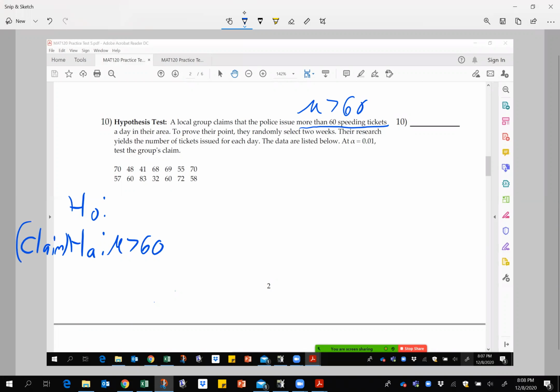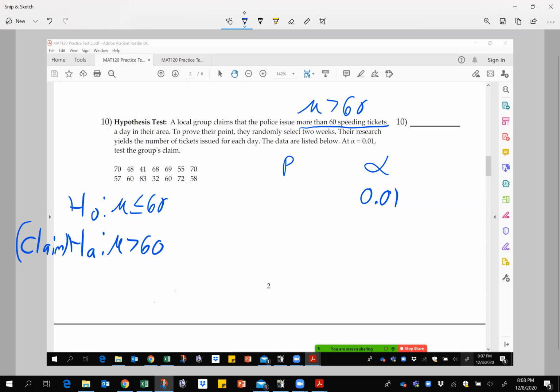The opposite of greater than 60 would be less than or equal to. And this time we're going to test it at the 0.01 level. So alpha is 0.01, and we need to compute P. Instead of having the summary statistics, they give us the number of speeding tickets issued over the course of, I believe, 2 weeks.